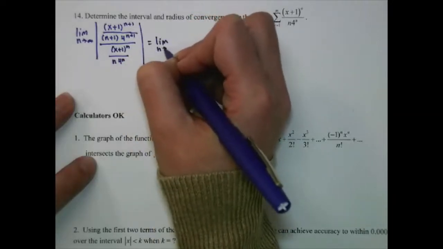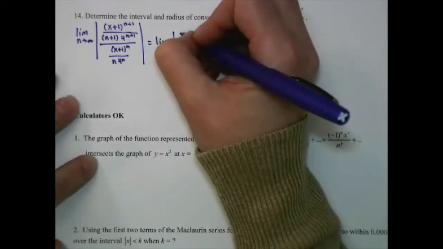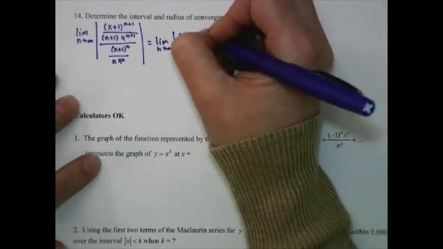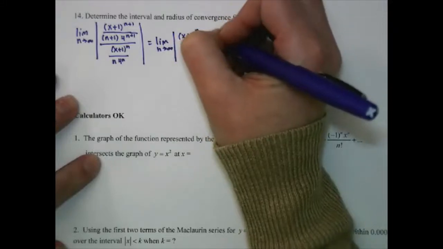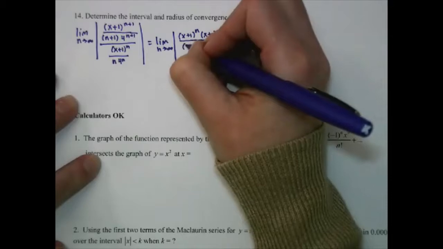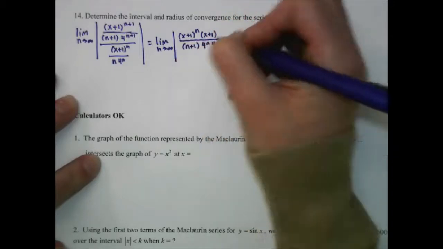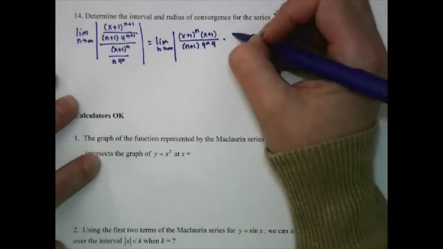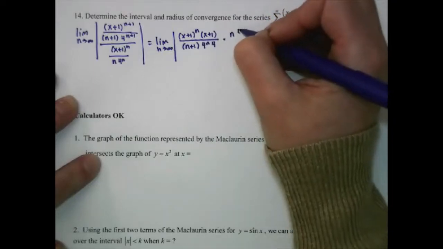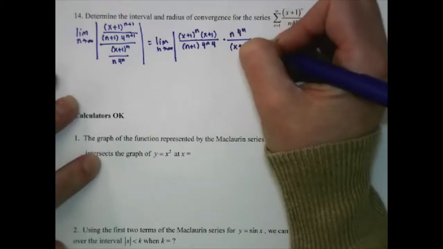So we've done these enough to know what's going to happen. We're going to have x plus 1 to the n times x plus 1 over n plus 1, 4 to the n times 4, times n, 4 to the n, over x plus 1 to the n.